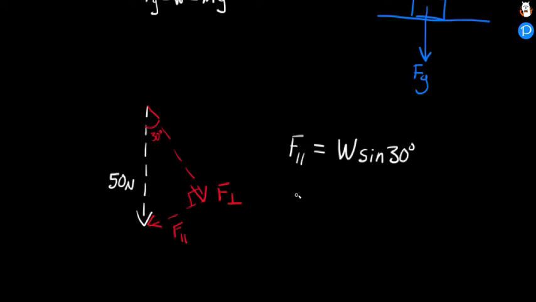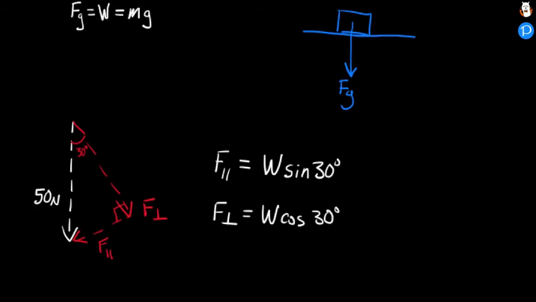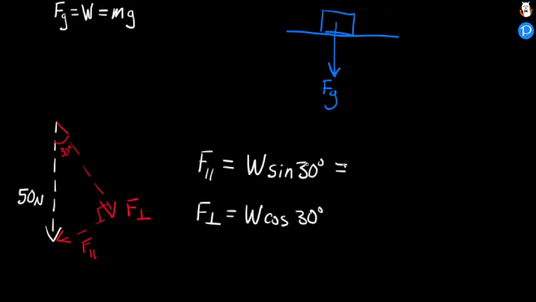My perpendicular force here would be equal to the weight again times the cosine of 30 degrees. So if we plug those values in, our weight is 50 newtons times the sine of 30 degrees, and 50 newtons times the cosine of 30 degrees.